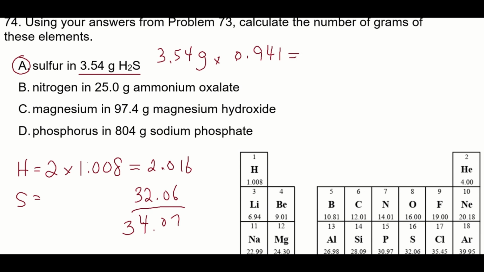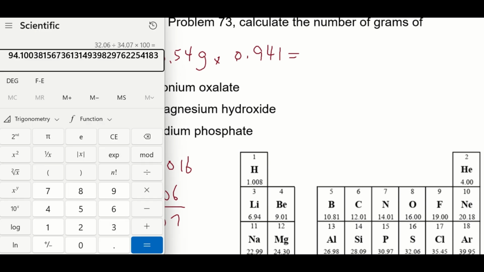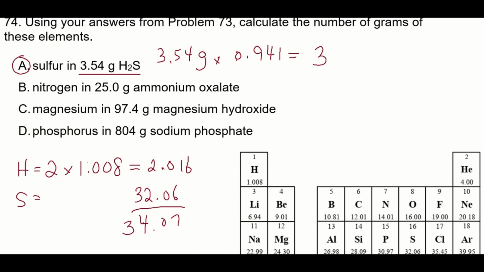And you can use your percent function on your calculator, or you can divide that percent by 100 to turn it back into decimal form. So 3.33 grams of that compound is sulfur.